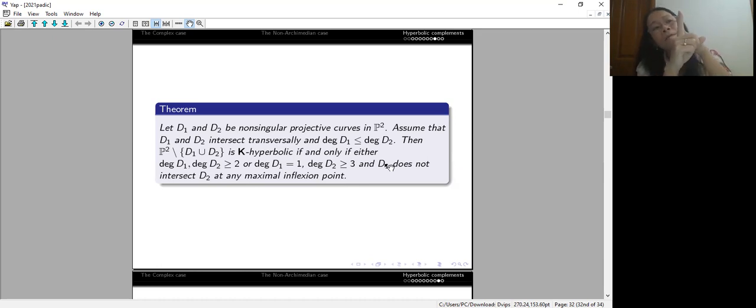Maximum inflection point means the multiplicity of the tangent line at this point has to be 3. So this is the result, the necessary and sufficient condition that we can get.